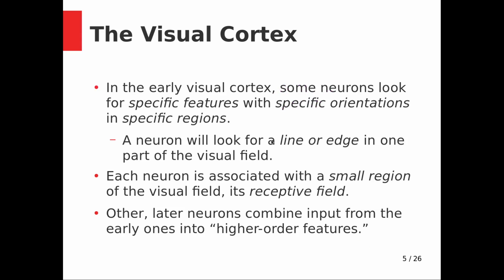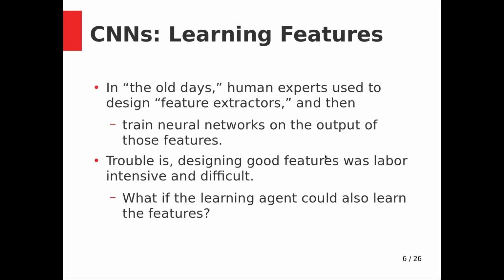So, like many things in neural networks, there is a second completely distinct intuition for what's going on, and that is feature extraction. In the old days, human experts used to design feature extractors by hand, where a feature extractor was a thing that you would apply to an image.